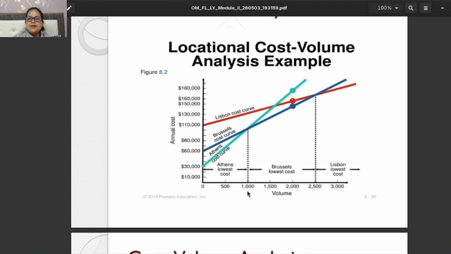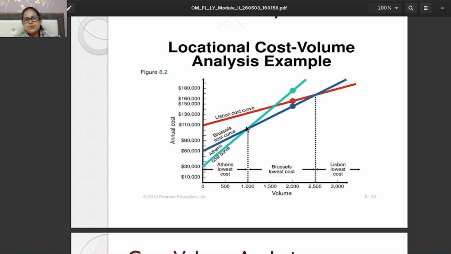If you are producing between 1000 and 2500, what is the question given? The question is given 2000, so it is between 1000 and 2500. Which location is good? This is for Brussels.